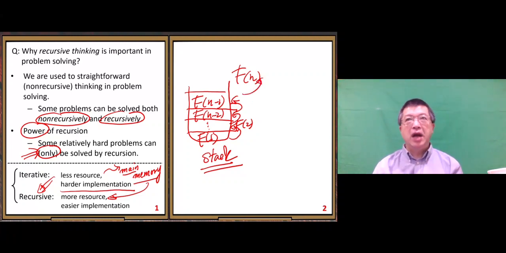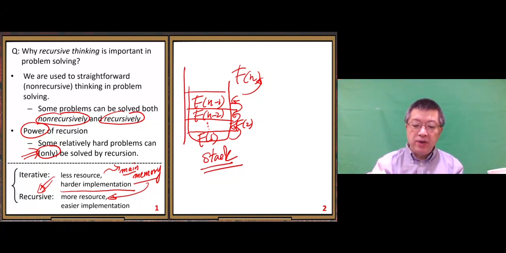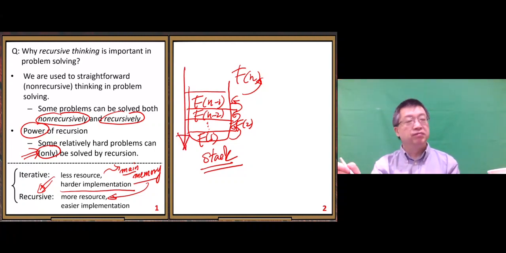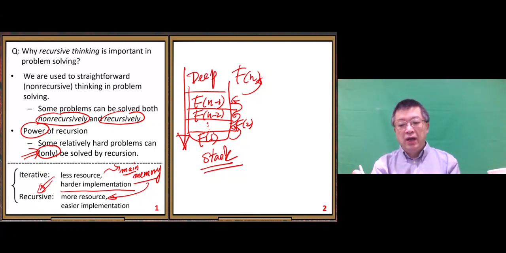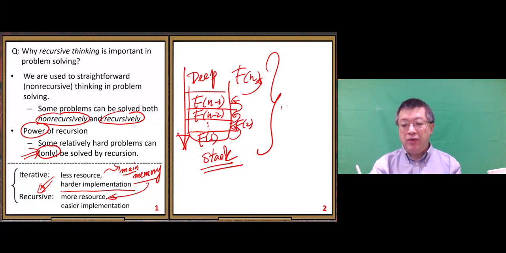So you can see, in order to implement a recursive algorithm, you may need a very deep stack. The stack could be very deep. The stack consumes a lot of memory resource.